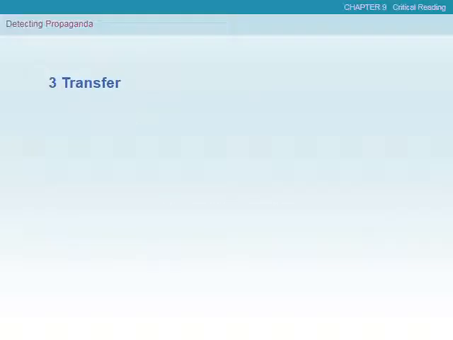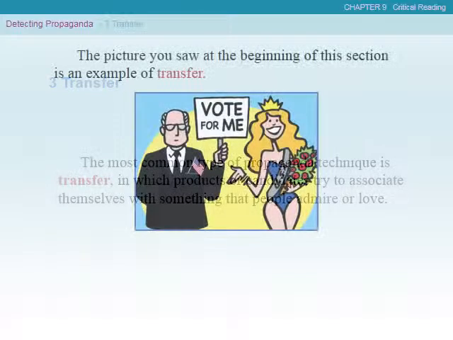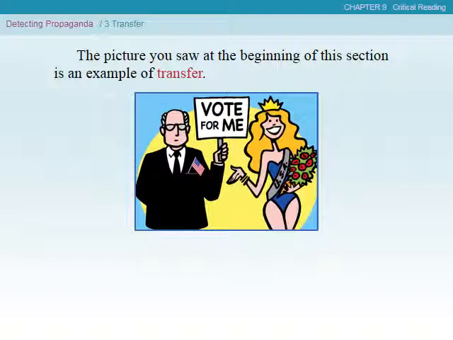The next one here is transfer. This is a common type in which products try to associate themselves with something that people admire and love. In a sense, this is similar to testimonial, because with a testimonial, the product is trying to be associated with a famous person. But with transfer, oftentimes the thing it's trying to be associated with is a symbol.